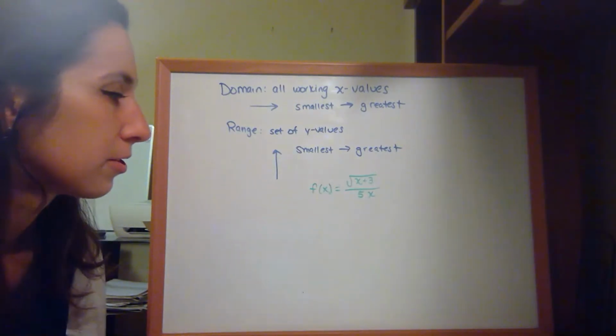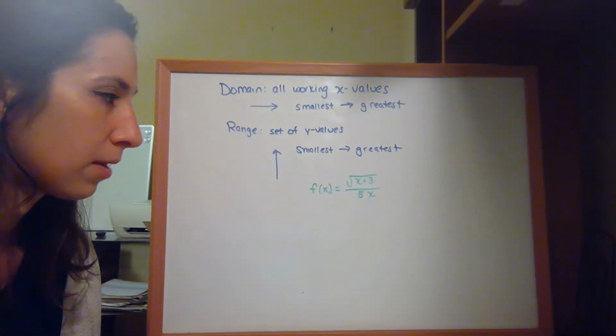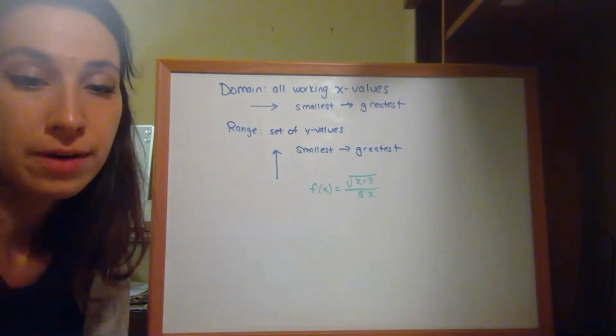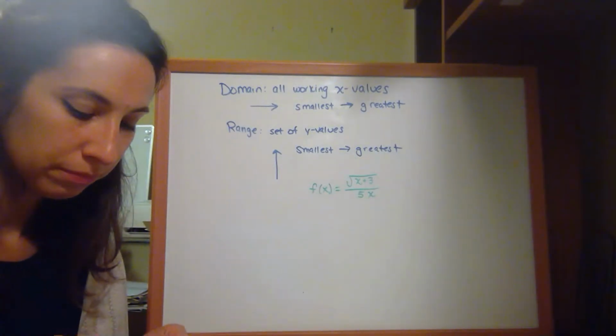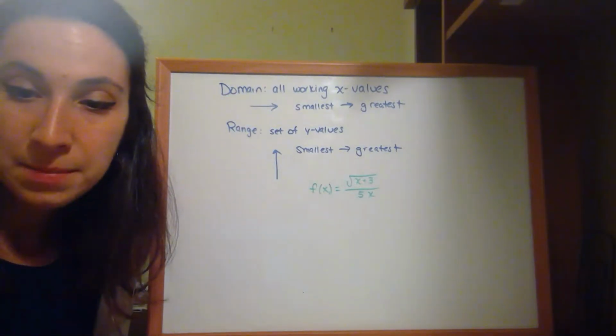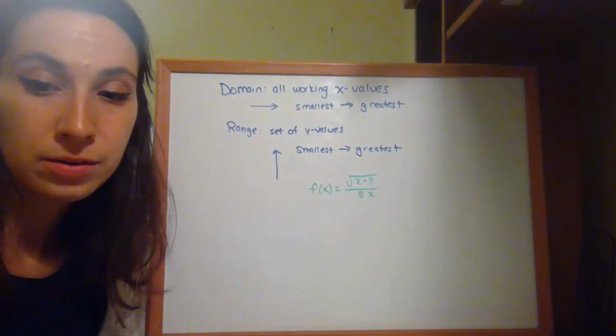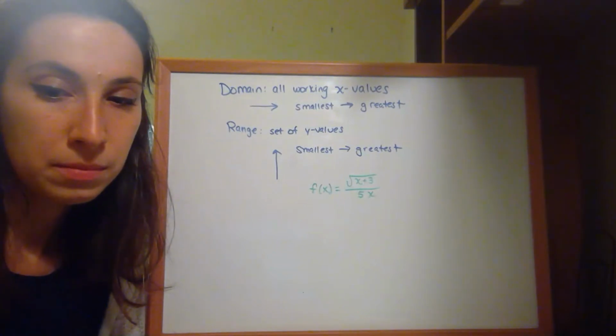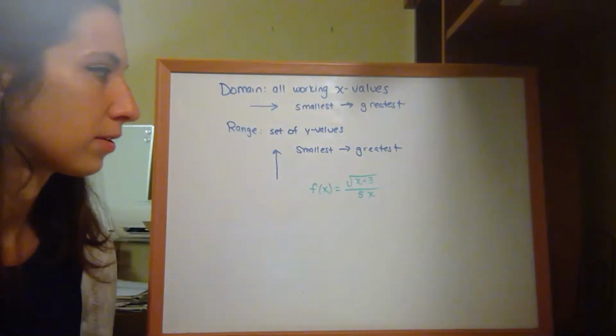All right, so a twofold problem here: not only a radical, but also a fraction. With a fraction, we know that the denominator can't be 0. These are called rational functions.